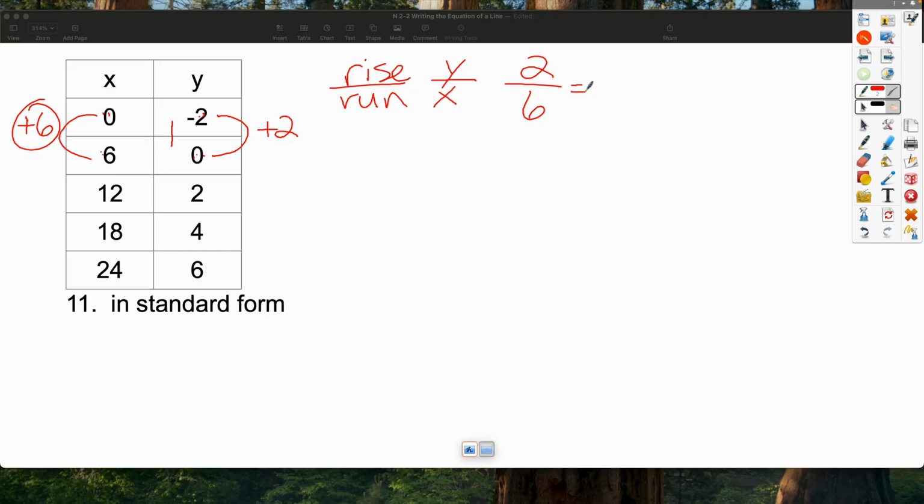I can simplify that fraction, divide both by 2, 1 over 3. So there's my slope right there. We got that just from the chart: plus 2 in my y's on top, plus 6 in the x's on bottom, simplified down to 1 over 3.